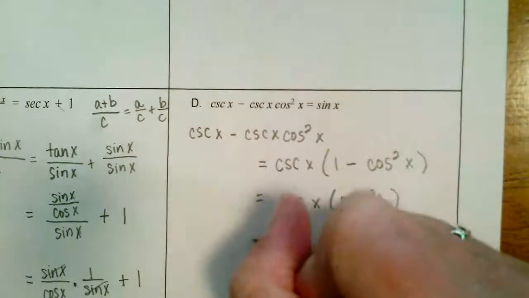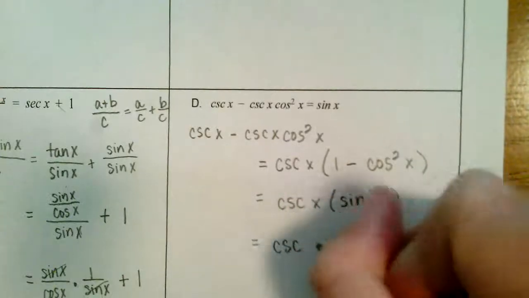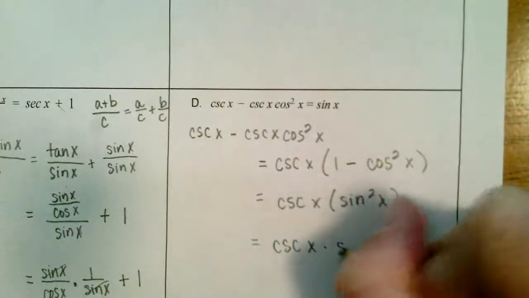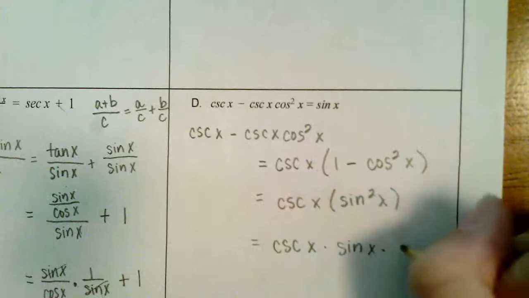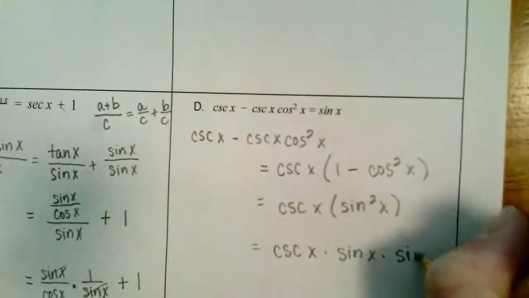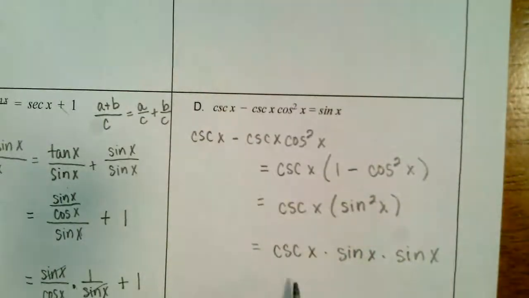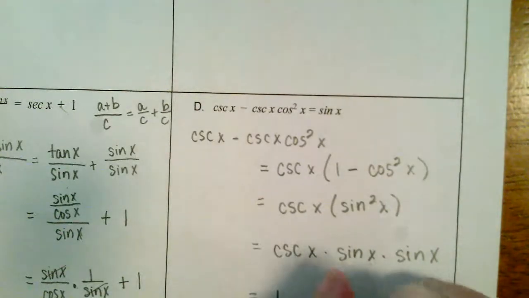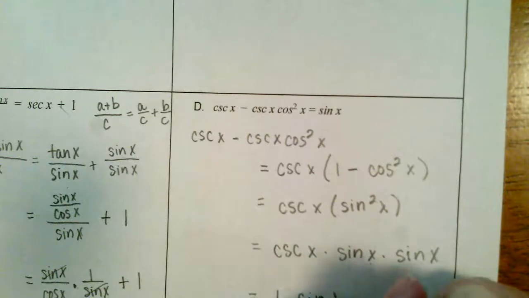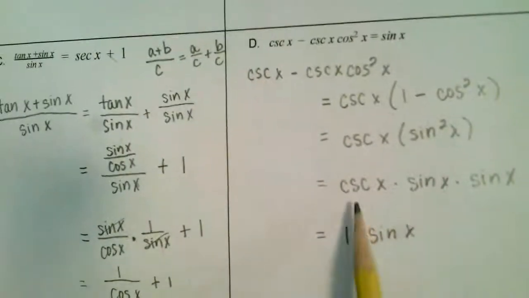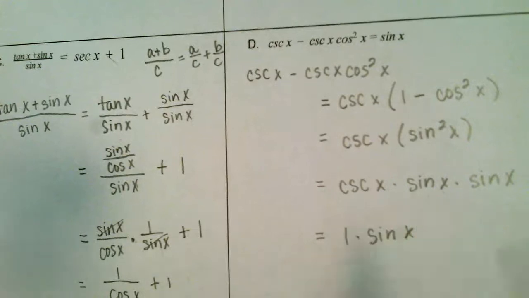And then I am going to notice that this is cosecant of x times sine of x times sine of x. Okay, because sine squared is sine of x times sine of x. And then I notice cosecant of x times sine of x is equal to 1. Okay, because those are reciprocals. So multiplying together, we get 1.